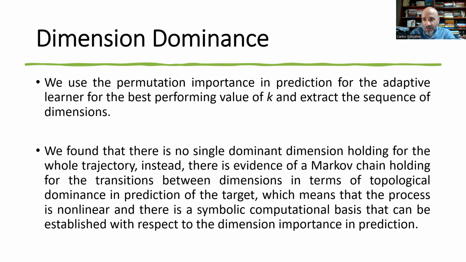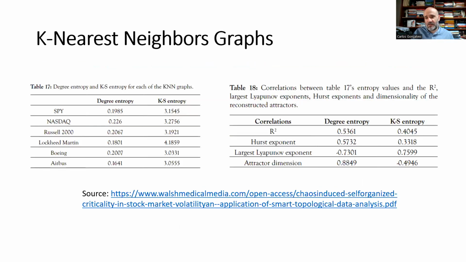The degrees of freedom can interact nonlinearly, which means that the derivatives will change with time, and the impact of a specific dimension on the target series, and therefore also on the predictability of the attractor, will change with time. So this is typical of a nonlinear process.